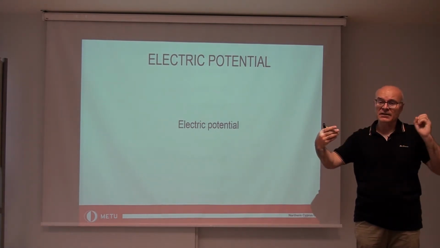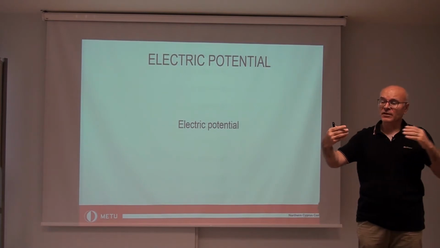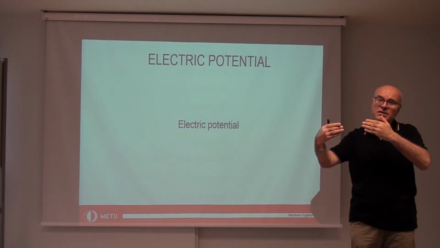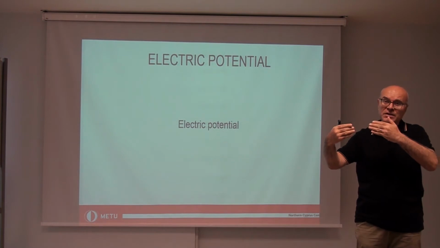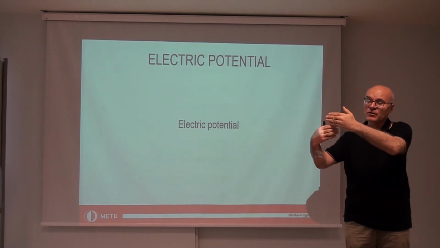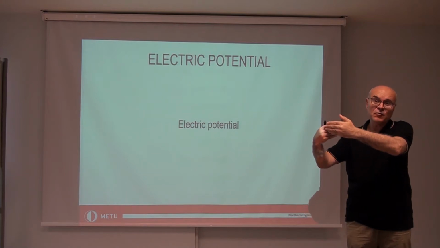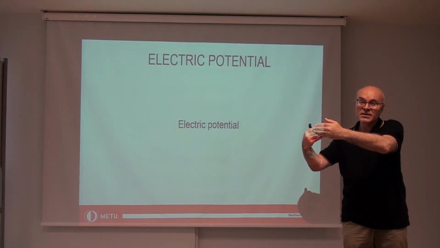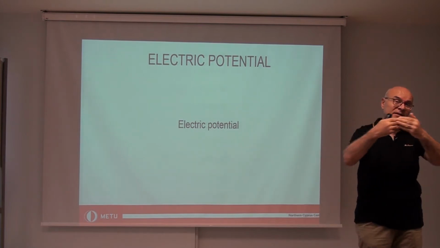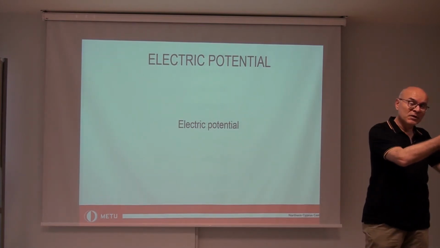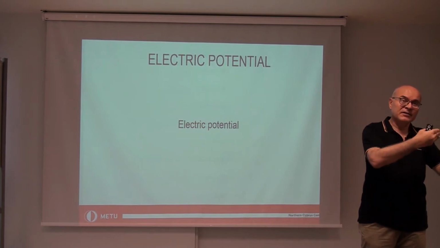So as you throw this charge, it will move, but it will start to slow down, losing kinetic energy until it reaches a point where it comes to a stop. But it will not stay there. Then it will start to speed up again and gain kinetic energy again.